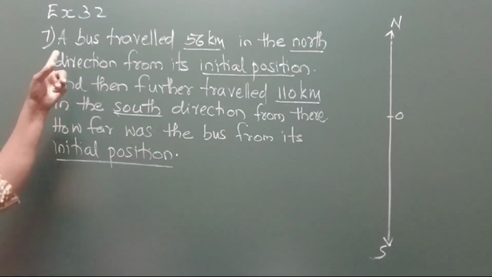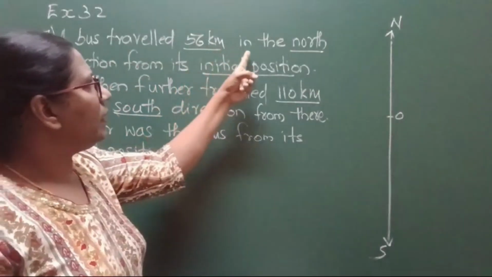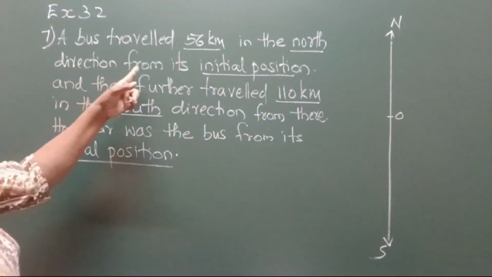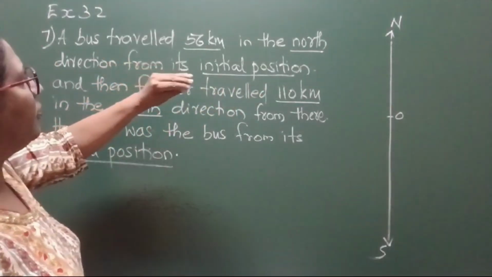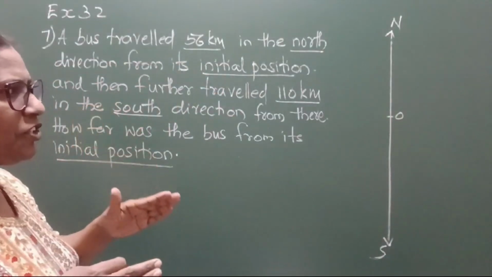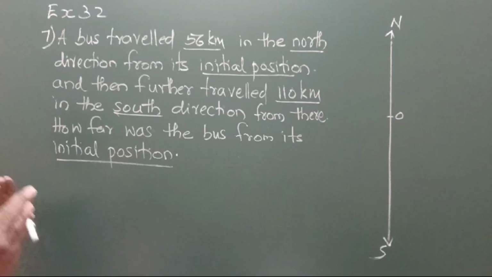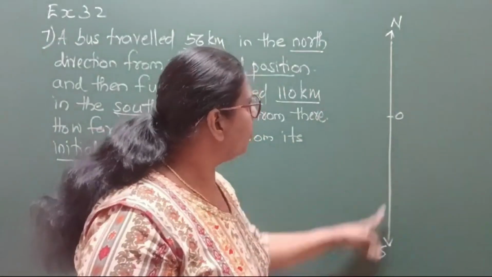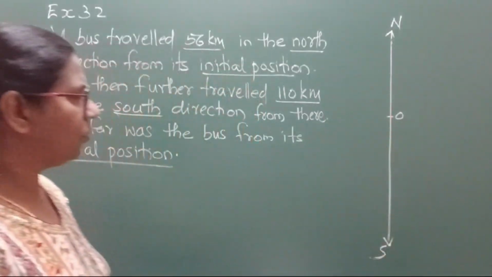Once again, a bus travelled 56 kilometer in the north direction from the initial point. We'll take the initial point as 0. Here north, south, initial point 0.